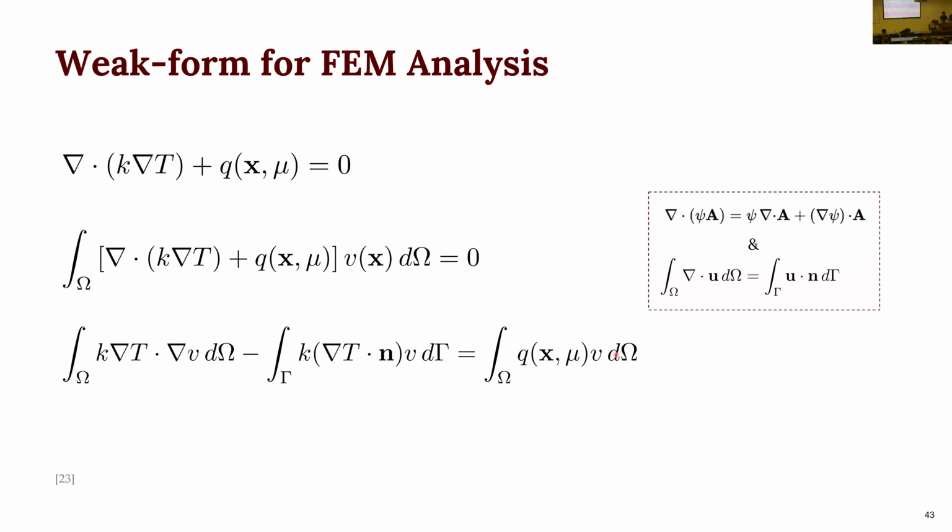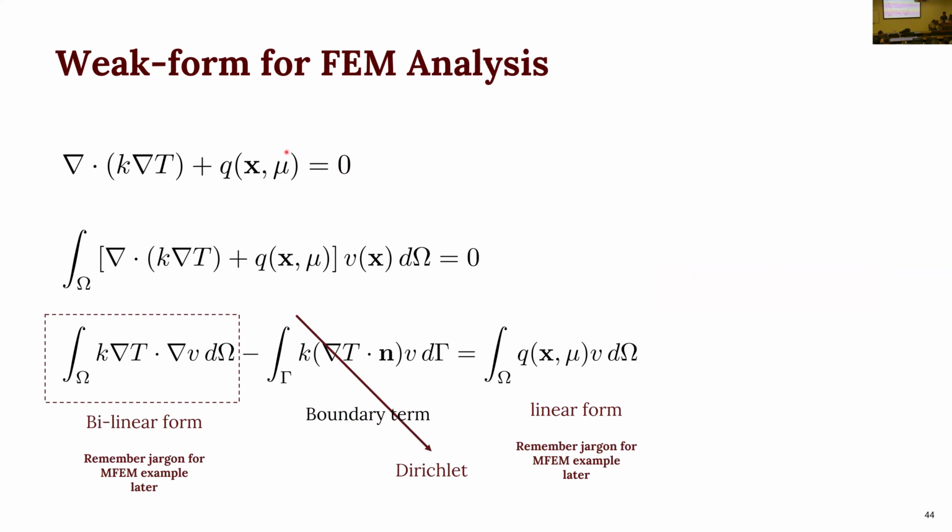Now, this is basically the weak form of the strong form of the PDE. And this is called a bilinear form. This is what eventually leads to a stiffness matrix. And on the right hand side, we have the linear form. This forms the right hand side vector. Just remember these two jargons, bilinear form and linear form. We're going to use them in MFEM.